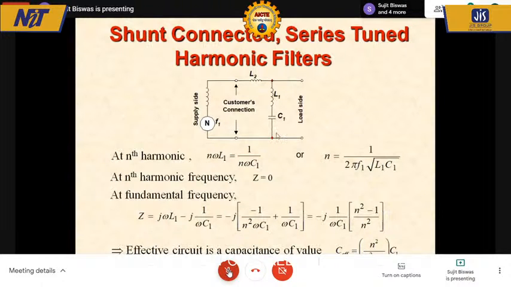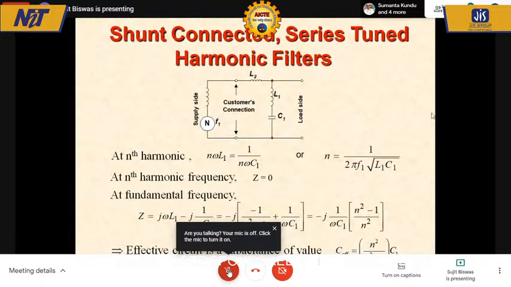This is the tuned filter, and we tune it to a particular harmonic, which may be the nth harmonic, which we want to remove. So at the nth harmonic, we know if it's tuned, then the impedance will be 0 at the nth harmonic, and you can work out the expression of the value of L and C. Most important thing is if it is tuned at the nth harmonic, then at any harmonic frequency lower than n, this network will behave as a capacitor.